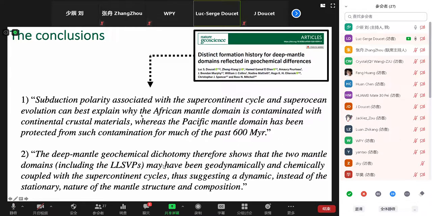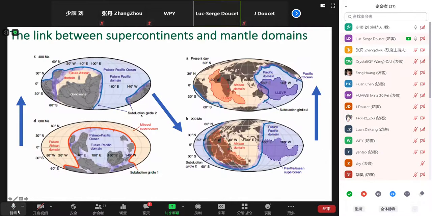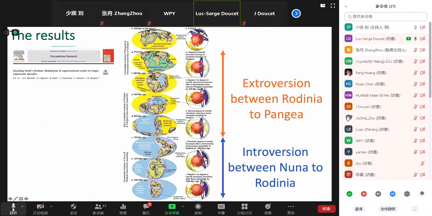Yes, exactly. So if you look at the introversion-extroversion hypothesis from Lee's paper last year, which is called the superocean cycles, basically what we think is that the next supercontinent, which we call Amasia, will assemble on the African domain.